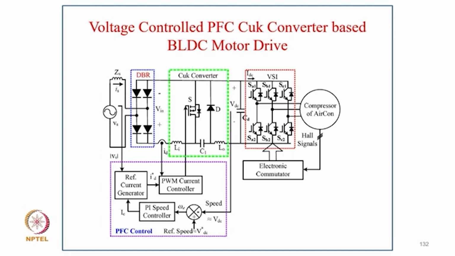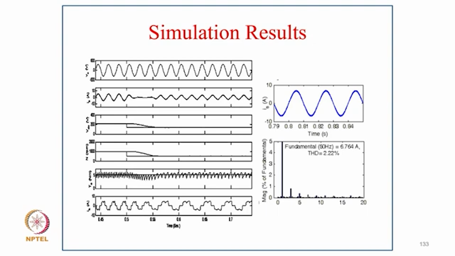In this case, from the converter, we are designing LO in DCM. The advantage of LO in DCM is that we get inherent power factor correction. The size of LO is also low, and then we vary the voltage at the DC link so that the inverter only operates in electronic commutation mode. So we get inherent power factor correction even when varying over a wide voltage range, and we are able to control the DC link voltage to control the speed of this BLDC motor with inherent power factor correction.